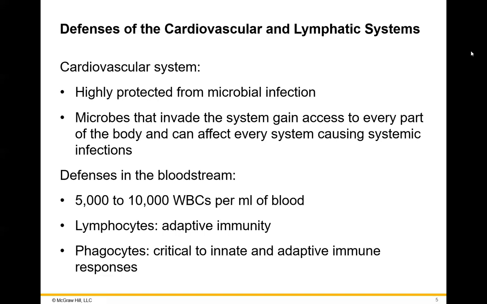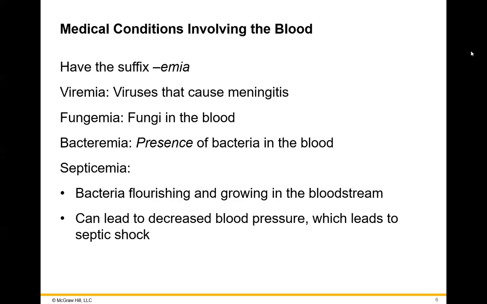But here, instead of immune privilege, we have a strong immune response. All of your white blood cells are actually doing full-on work, because we cannot have pathogens being disseminated to every single part of your body when you have an infection that becomes quite serious very quickly. So we have a whole ton of those.